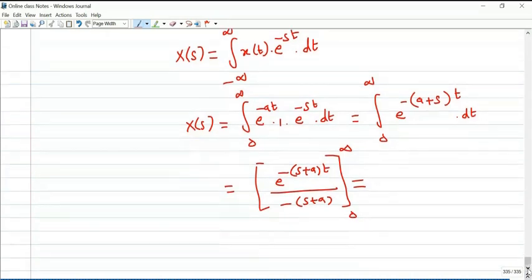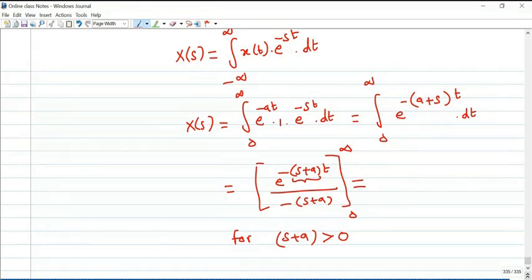How? Based on this s plus a term. Okay. If this s plus a term is positive, that is greater than 0, meaning this is a positive value. So e power is equivalent to minus t.